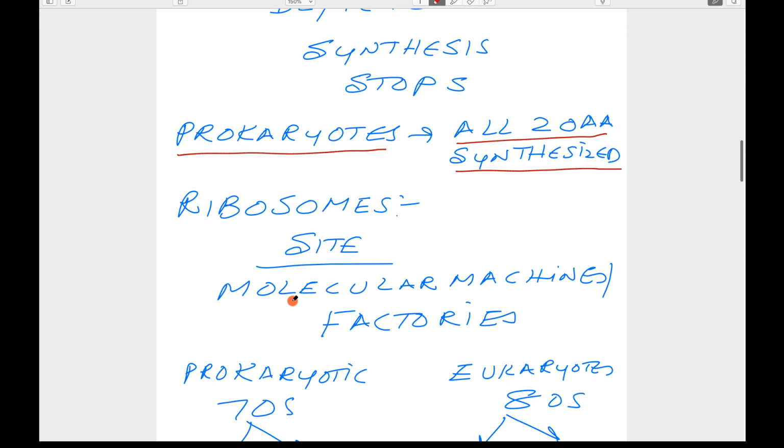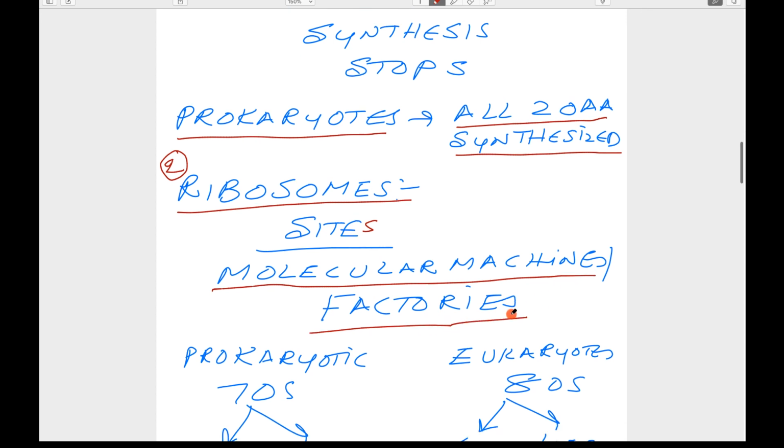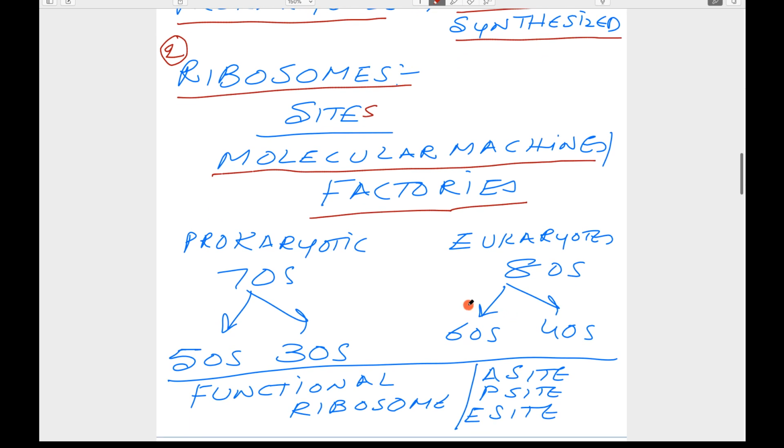Next, we talked about the ribosomes. They are the sites of protein synthesis, also called molecular machines or factories of protein synthesis. In the prokaryotic system, 70S with 50S and 30S subunits, and in eukaryotes 80S with 60S and 40S.